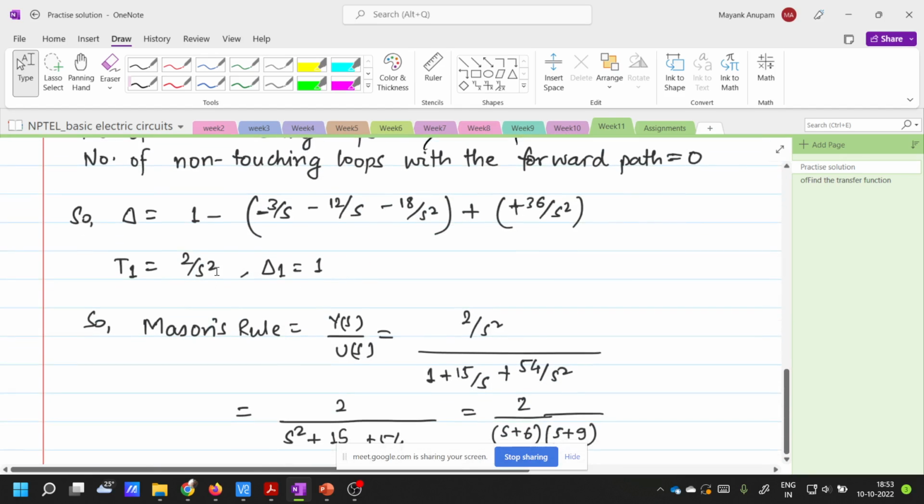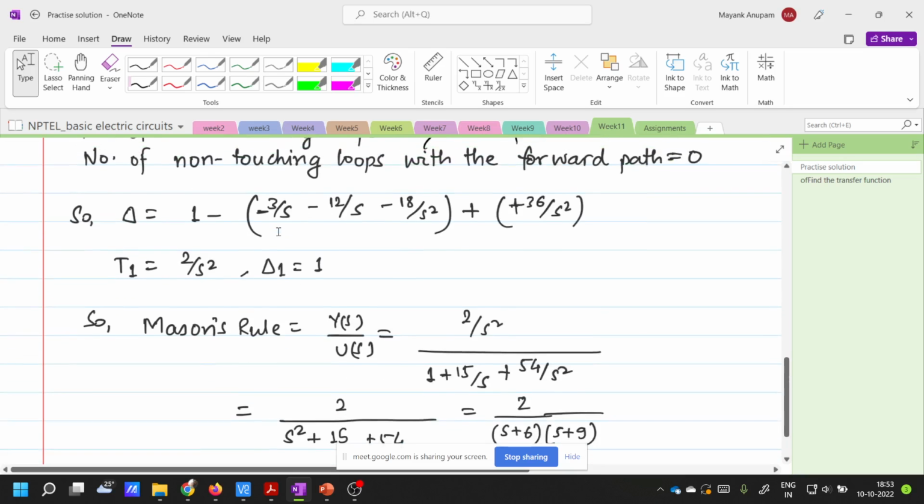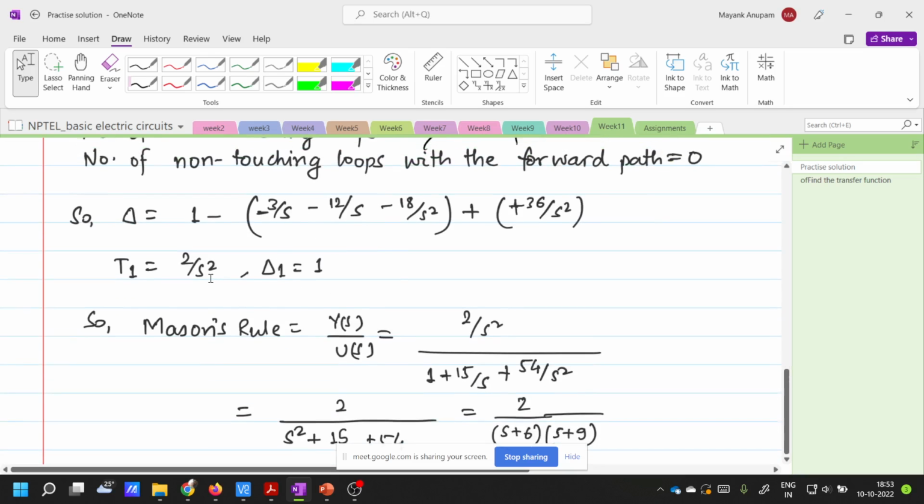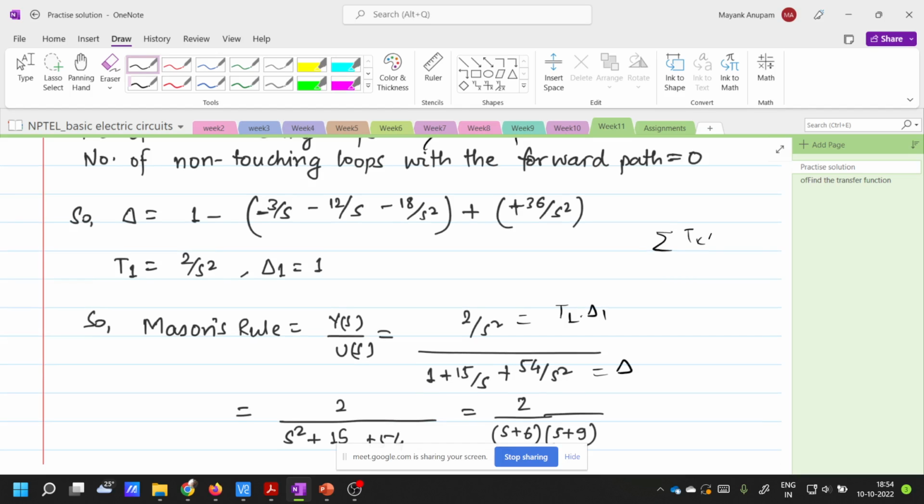These are all the terms that we require for applying Mason's rule. So when you apply Mason's rule, finally this becomes t1 multiplied by delta 1, which is 2 by s square, and this is delta. So Mason's rule, remember, is the summation of tk multiplied by delta k divided by delta, right?